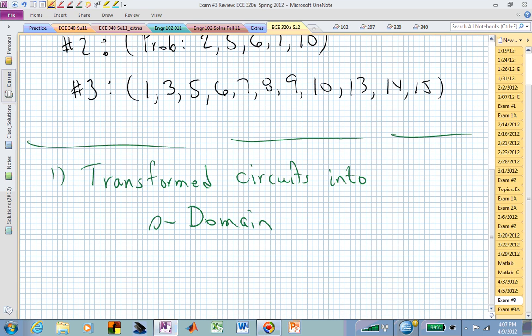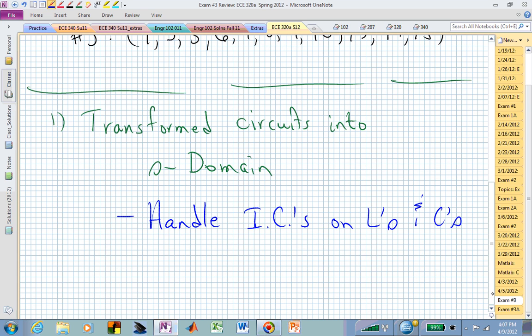And with that in mind, you need to be able to deal with all of the possible types of solutions, and in particular, you need to be able to handle the initial conditions that can arise from inductors and capacitors. That's what I'm wanting you to be able to do.